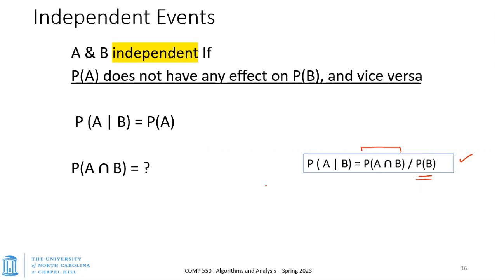So if these two are independent, what does the intersection equation become? How would we write the probability if A and B are independent? Then the intersection can be represented by what? Take a look at something we've already seen and do some cross multiplication.